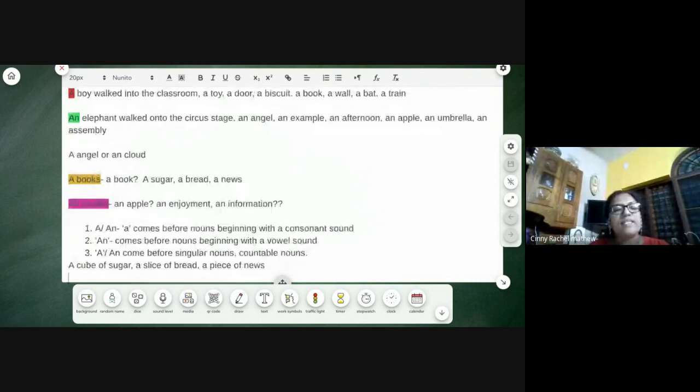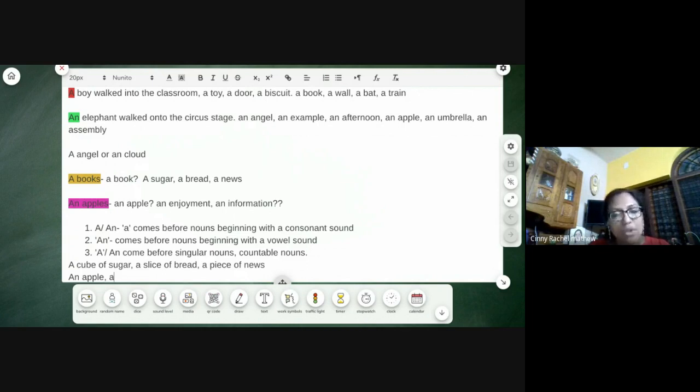Coming to the second set, with an, I must say an apple, which is correct. I must not say an enjoyment.